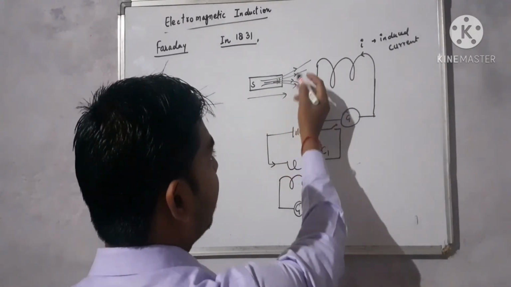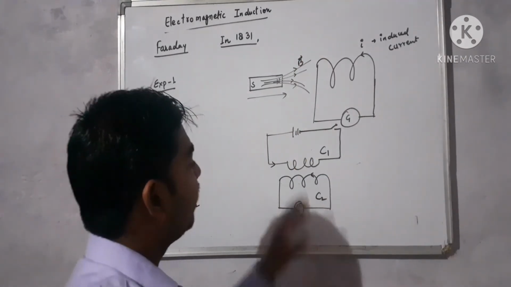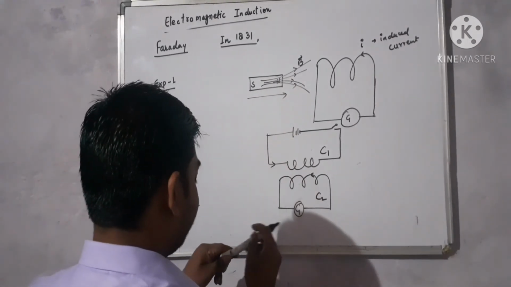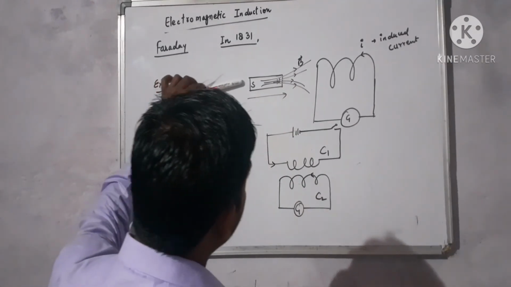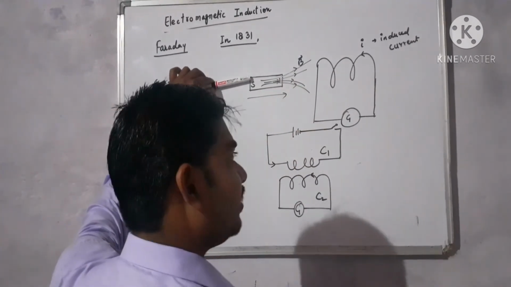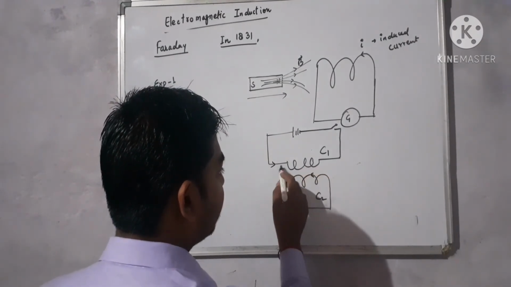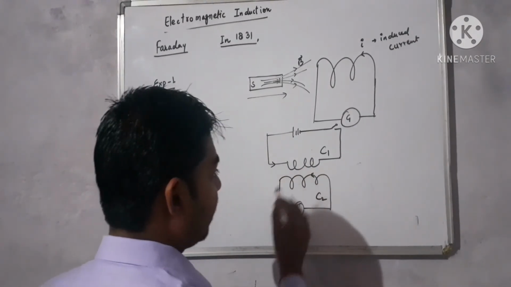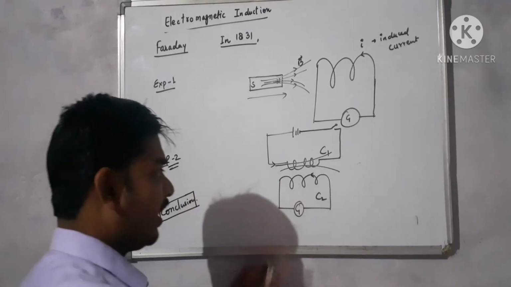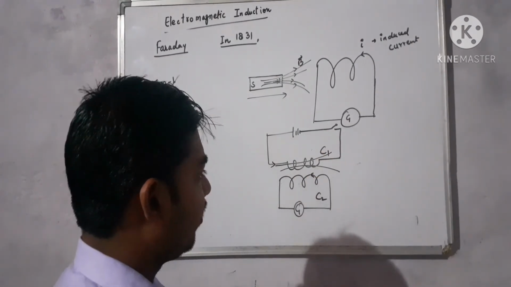Look, these are the magnetic field lines, with magnetic field intensity B, and if we move the magnet this way, the magnetic field lines passing through this coil change. Here also, the magnetic field lines passing through the coil because of the first coil change or vary.